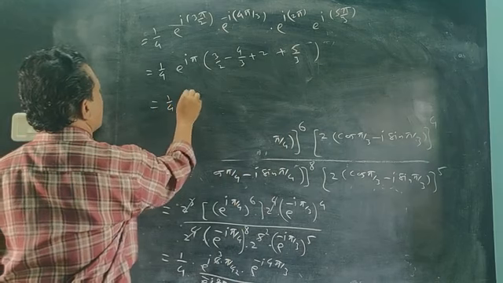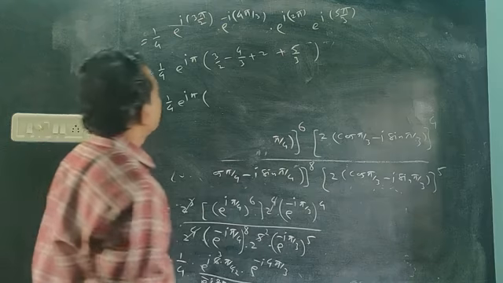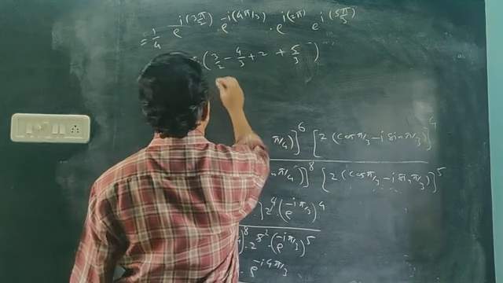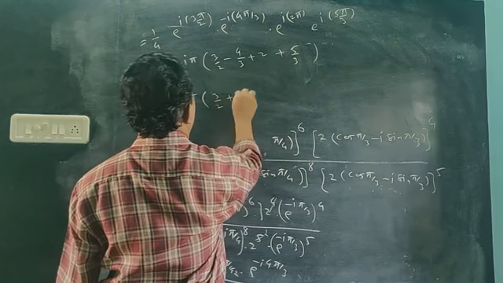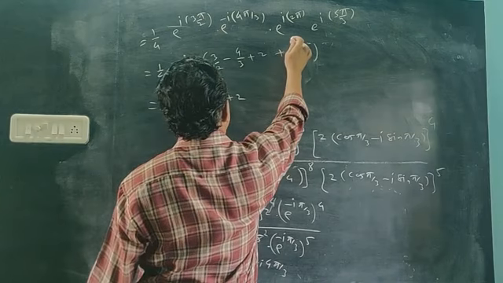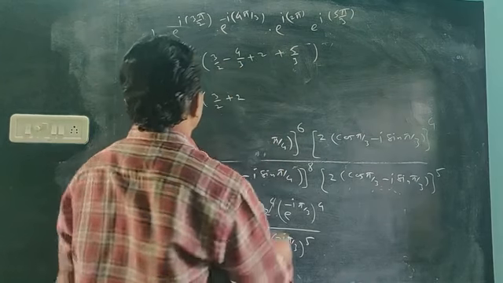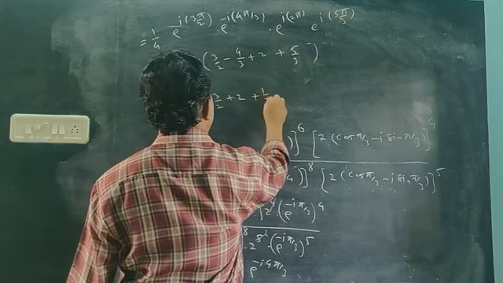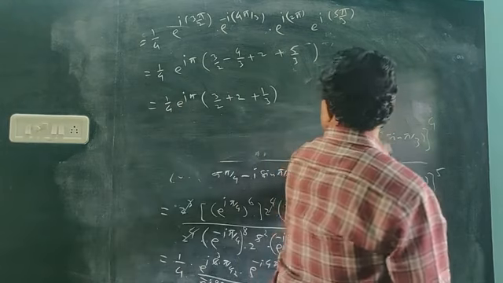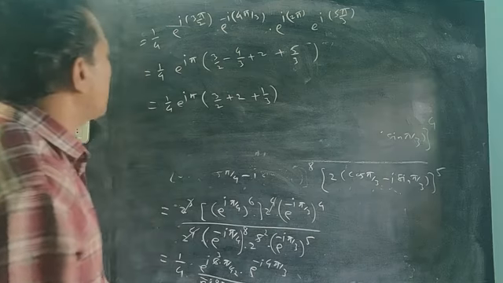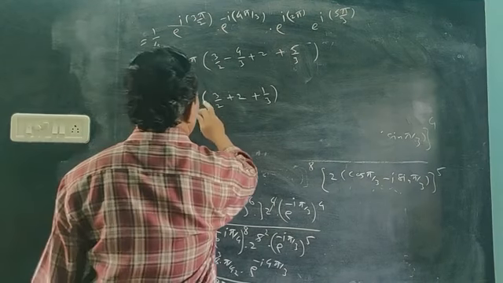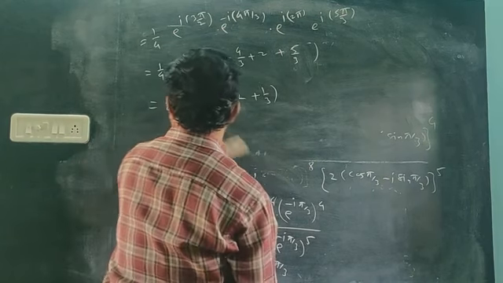1 by 4 e raised to power I pi. I take 3 by 2 same, 2 same, 5 by 3 and 4 by 3, 1 by 3. 5 by 3 minus 4 by 3, 1 by 3. Now 3 by 2.